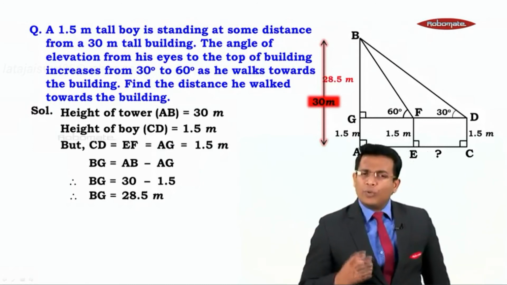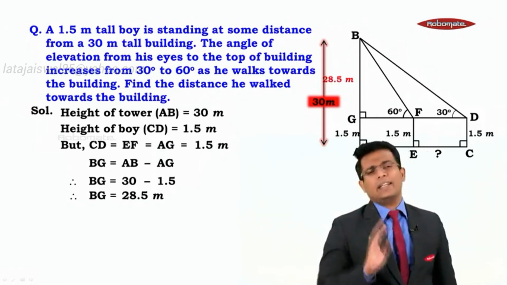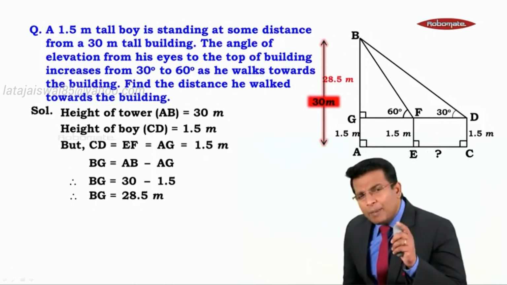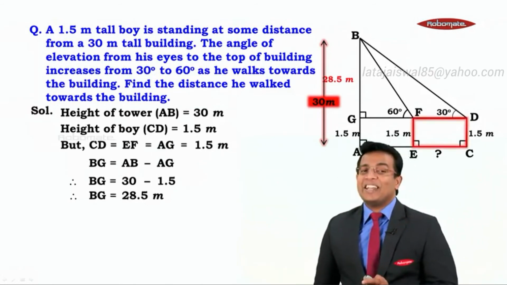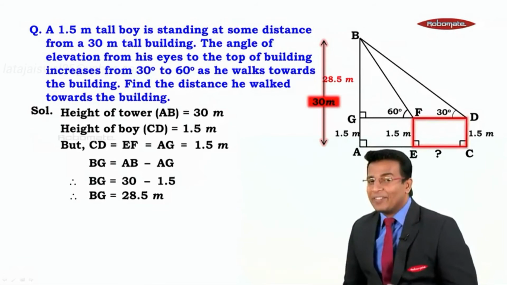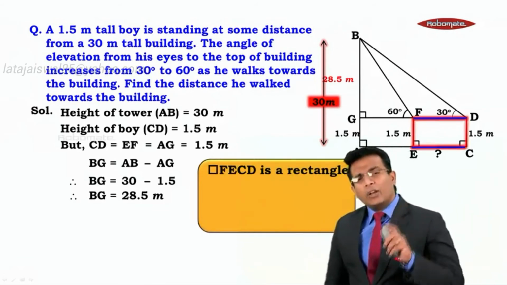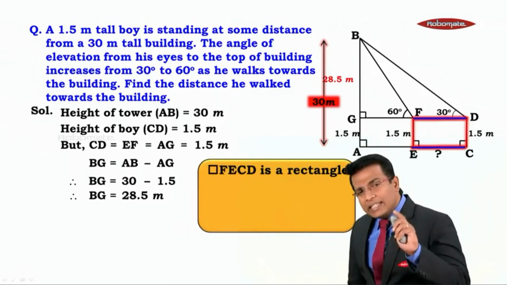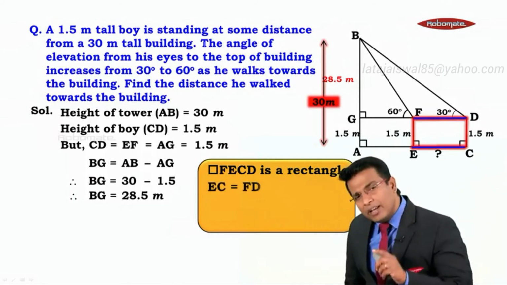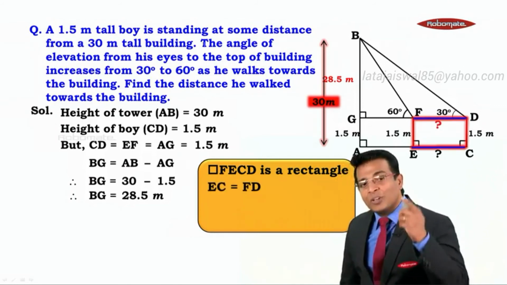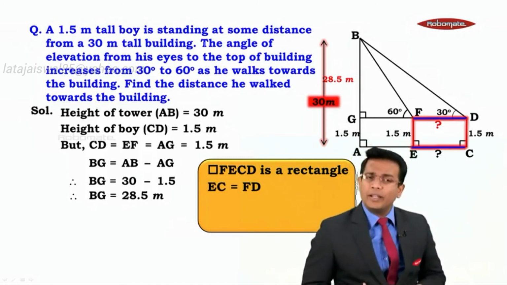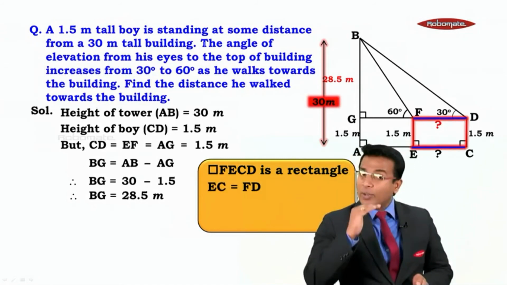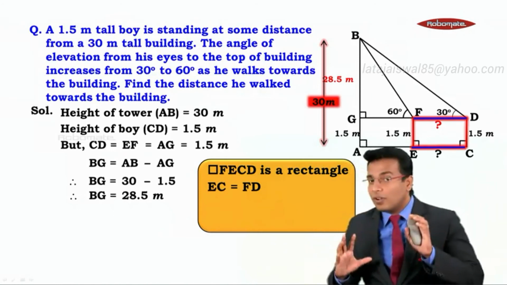Now you would be thinking, how will you get EC? Observe that EC very carefully. EC belongs to a rectangle FECD. In that rectangle, EC is the same as FD, because opposite sides of a rectangle are equal. So if we want EC, we need to get the value of FD. Now focus here very carefully.